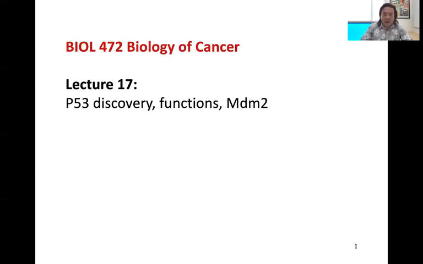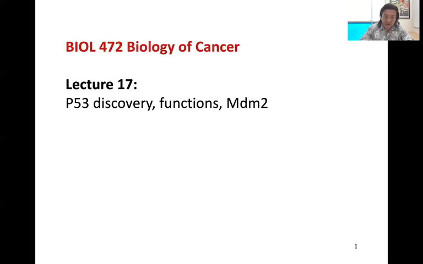Let's continue talking about other very notable genes and proteins that are real standout examples of things that help regulate the process of transformation and progression to cancer. One of the most important or high profile proteins involved in cancer is p53.